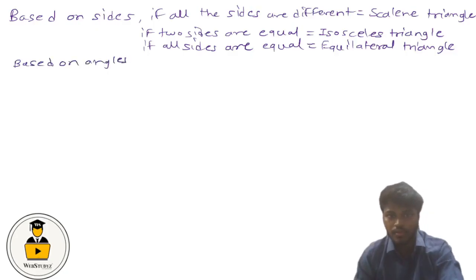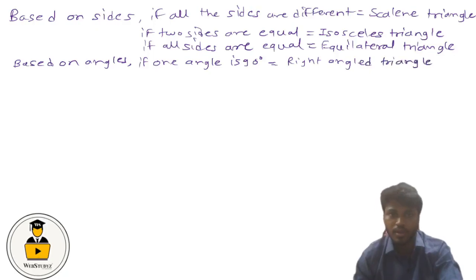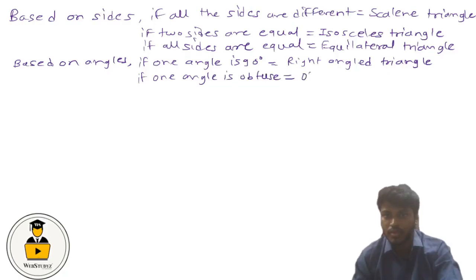Now based on angles also, we have three types of triangle. So if one angle is 90 degree, then we call such triangles as right angle triangle. Then if one angle is obtuse, we call such triangles as obtuse angled triangle.